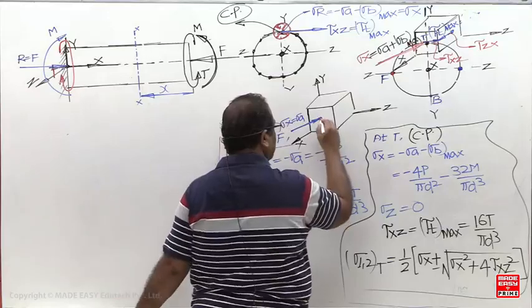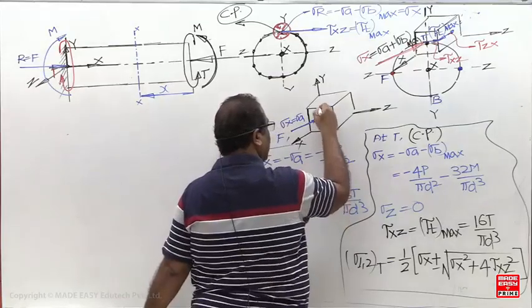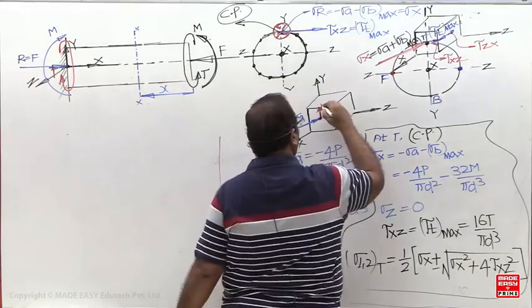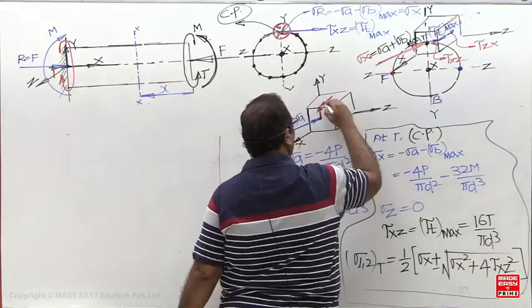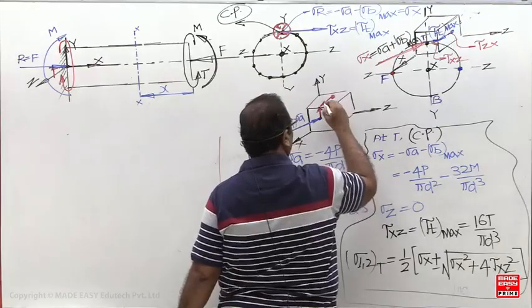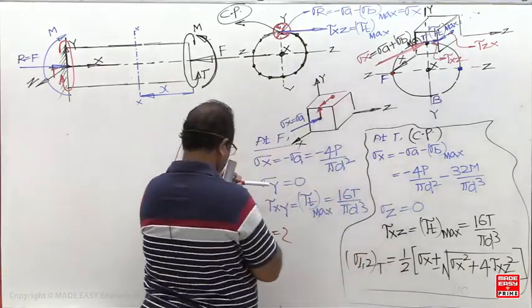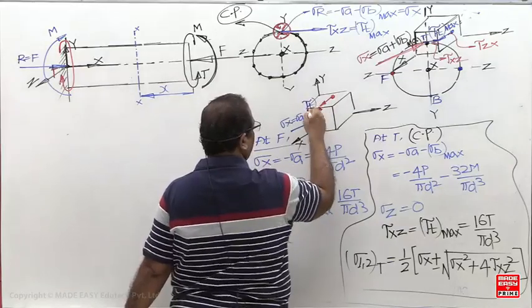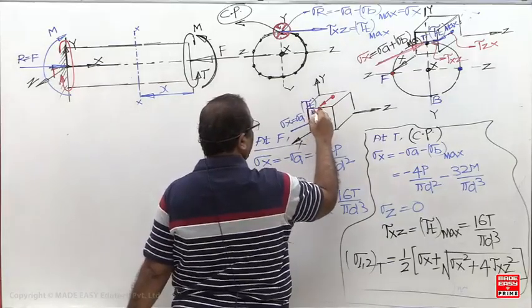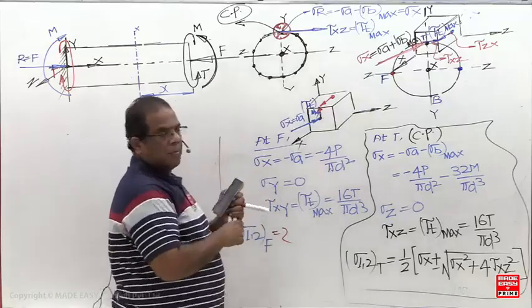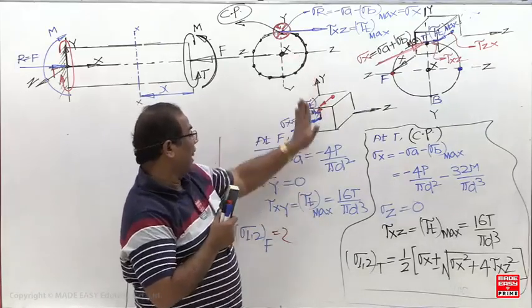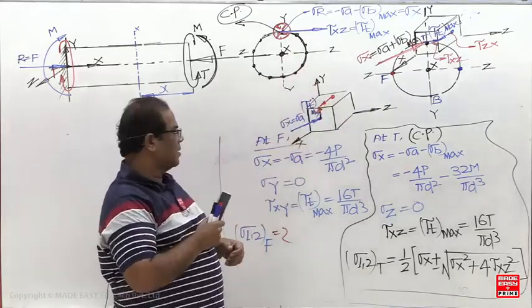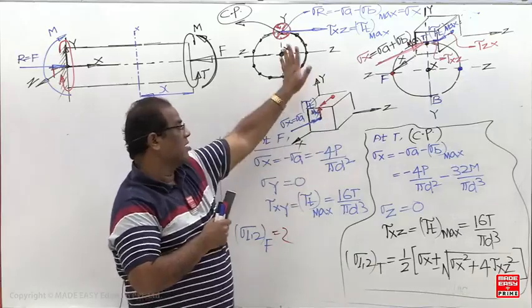This is tau T max, but this will become tau xy. This is tau yx and this is tau xy.